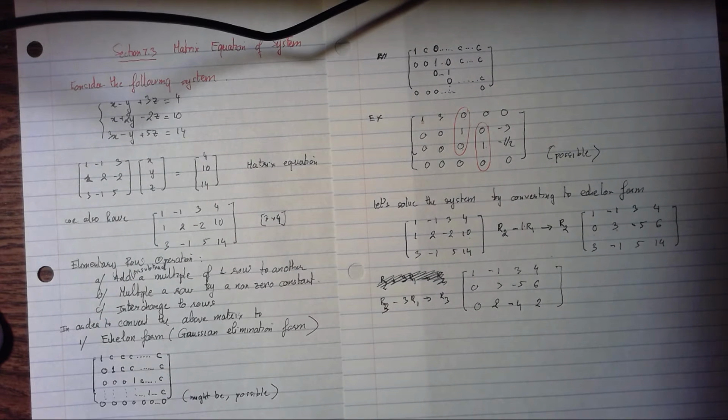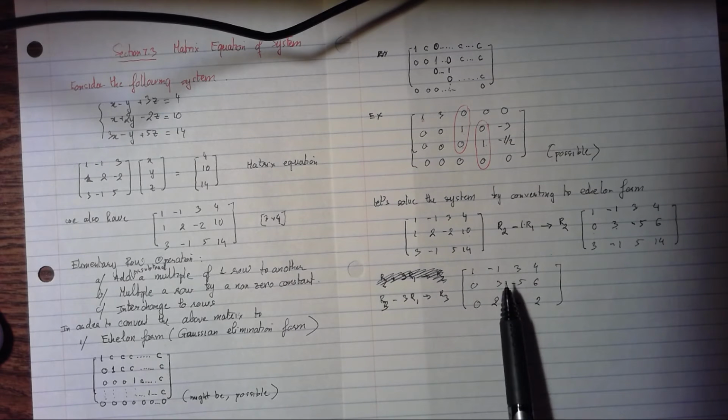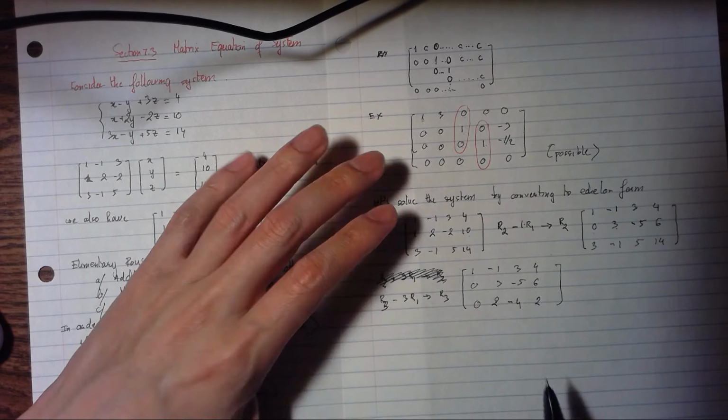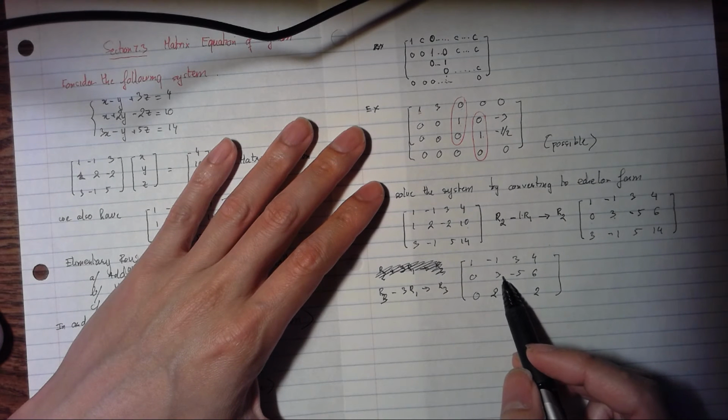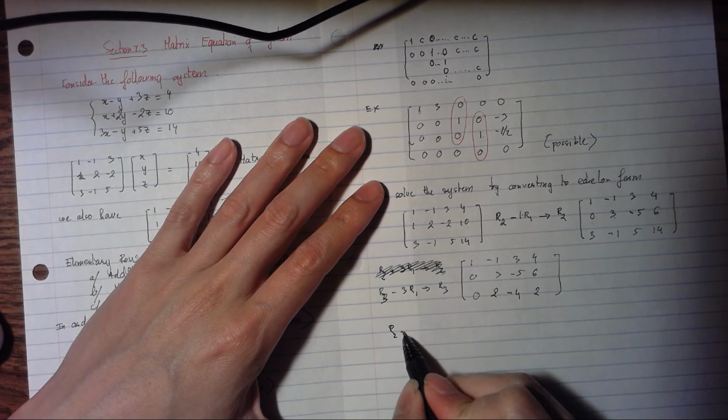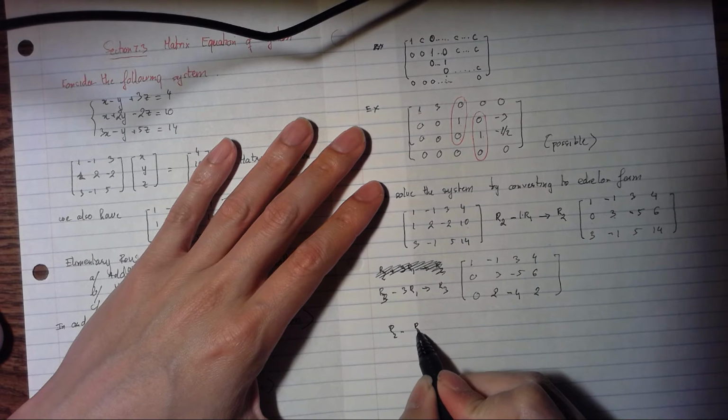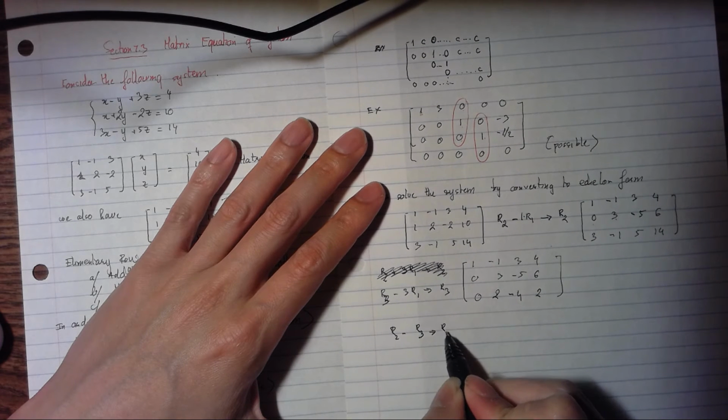So I have 0 over here already, because that is what we're supposed to have, right? 0 on the left hand side. Now we want to get 1. Now it's easy. We want to get 1 over here, right? So we'll take row 2 minus row 3 to get row 2.